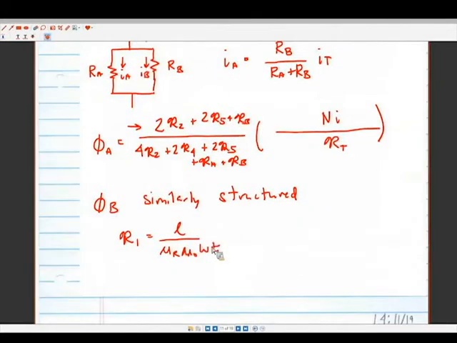WT. R2. Okay, so R2 was the distance across the height of the top. I mean, the entire width, or the whole entire dimension is L. So that means half of that is L over 2, right? So R2 is going to look very similar, except it has a 2 in the denominator.